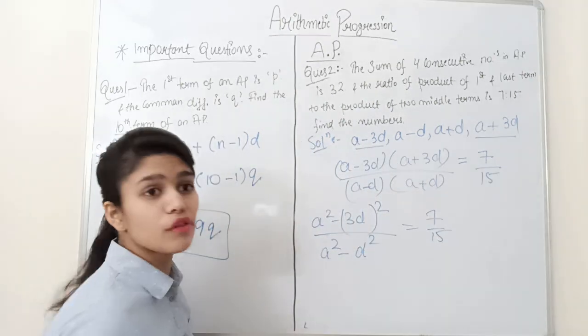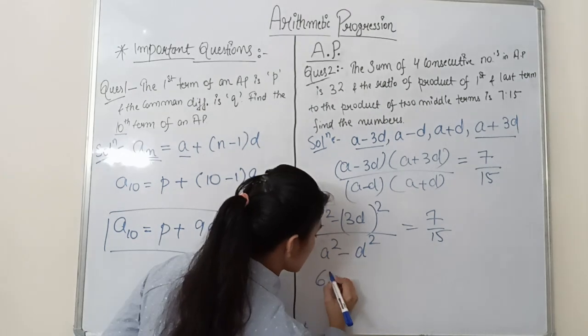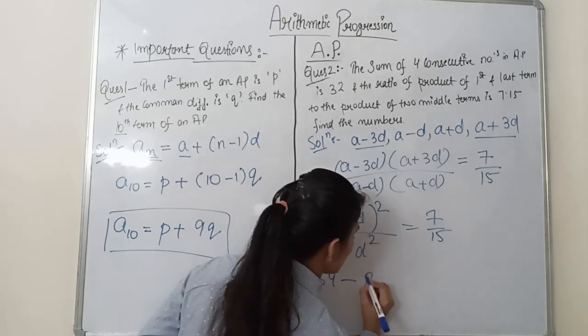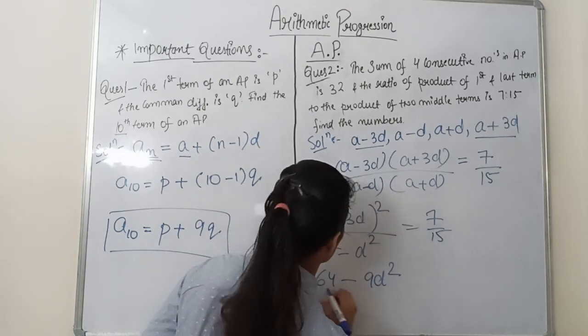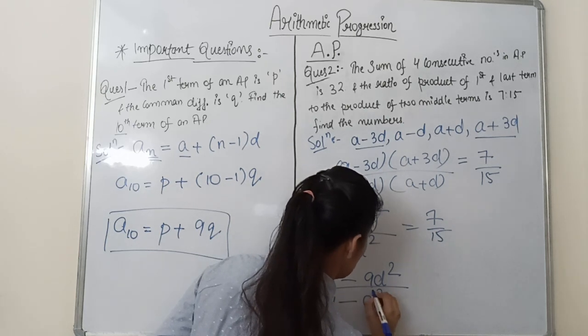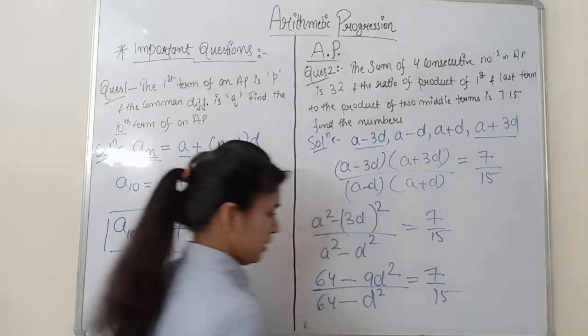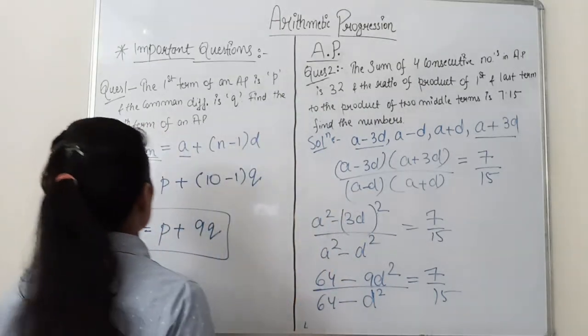What is the value of a? 8. 8 square is 64. So 64 minus 9d square upon 64 minus d square equals 7 by 15.